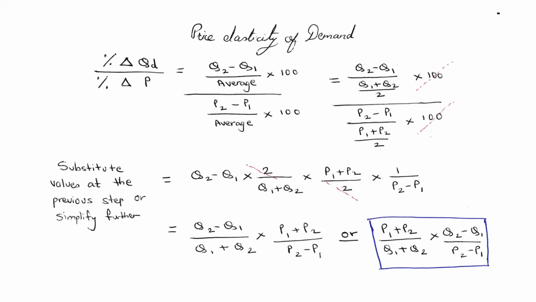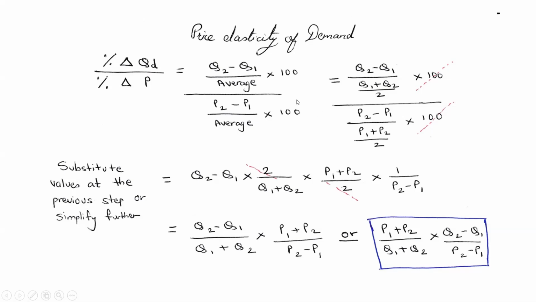So if you are good with math, you can continue with that formula, or let me break it down for you. So what is percentage change in quantity demanded? It is Q2 minus Q1 divided by the average. So this is the midpoint formula, times 100. Divide the whole thing by the change in price, that is P2 minus P1, divided by the average price, times 100.